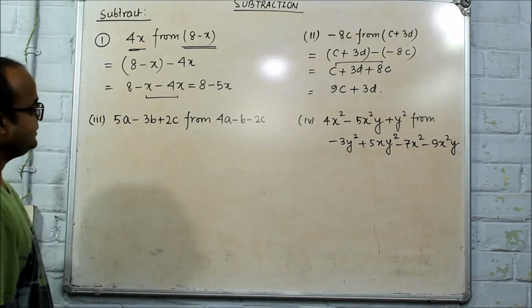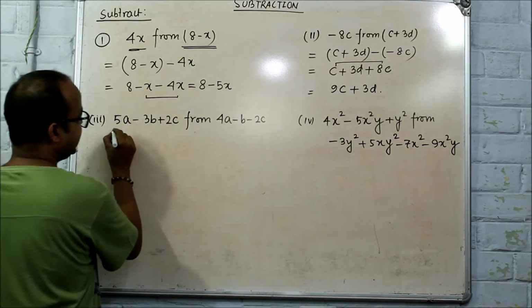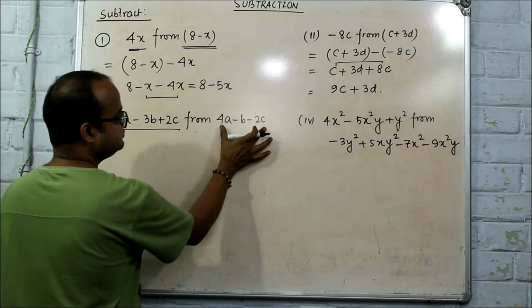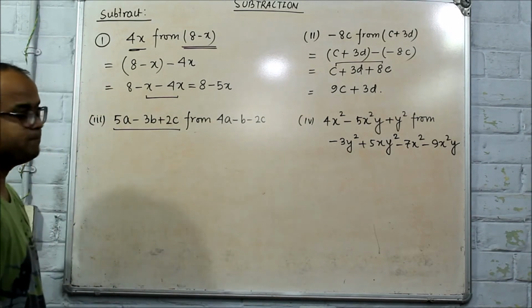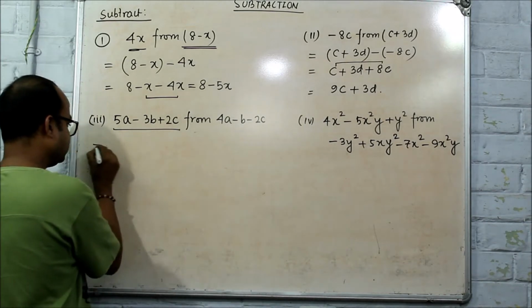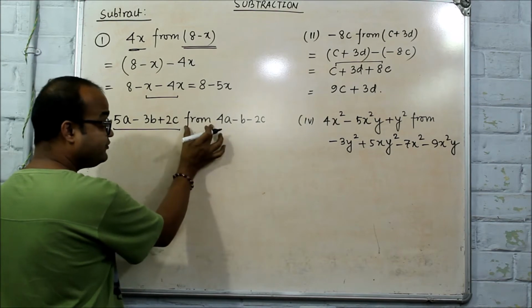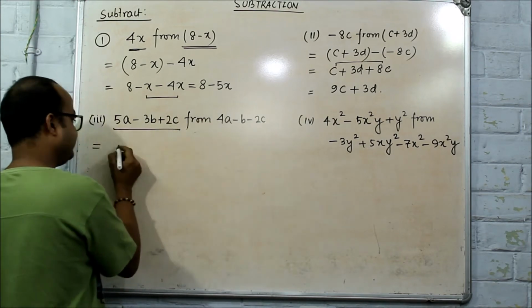Let us solve this problem. We need to subtract this from 4a minus b minus 2c. So we write this term at the first. Always, whatever terms are there after from, that needs to be written first.